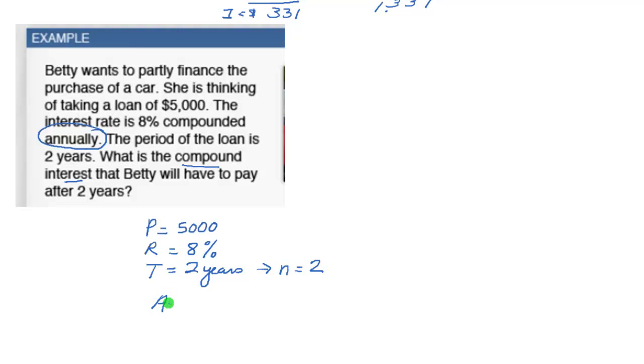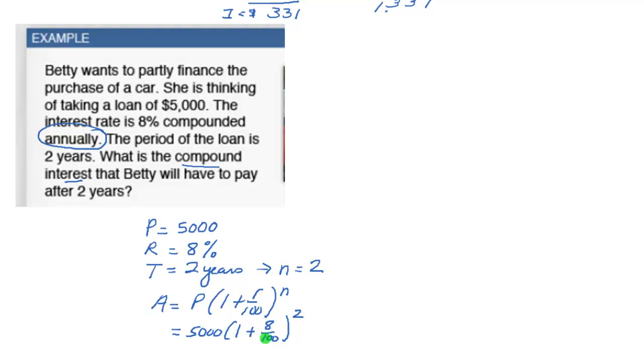We're going to find the total amount she's paying, and then we'll subtract to get the interest. So remember, it's principal times 1 plus rate over 100 to the n. So 5,000 times 1 plus 8 over 100, and then n is 2.